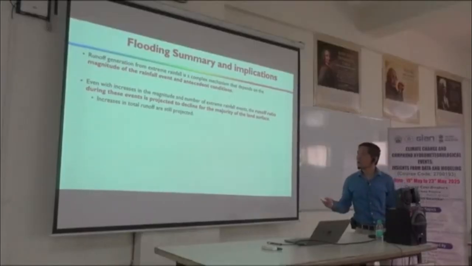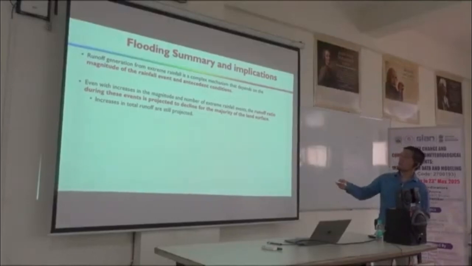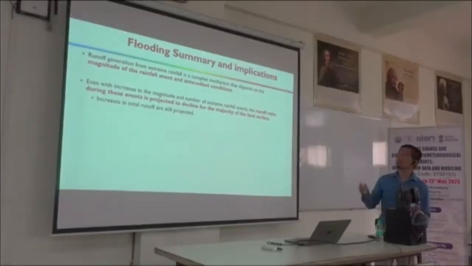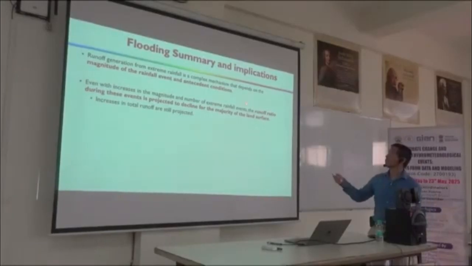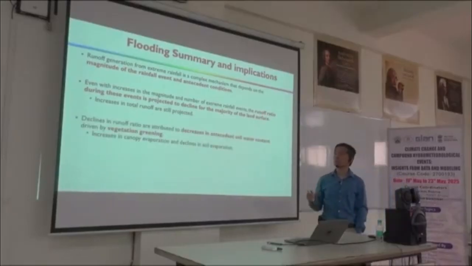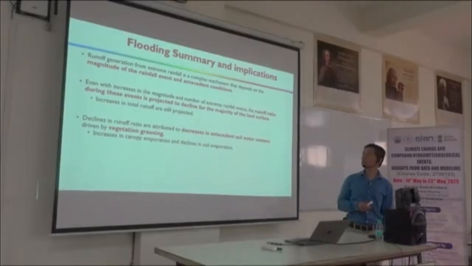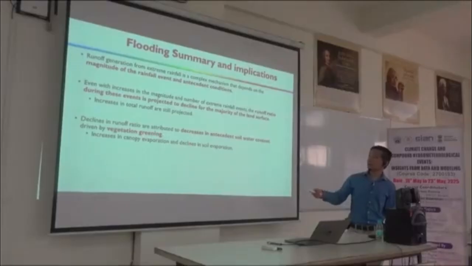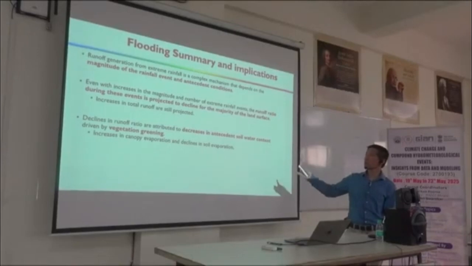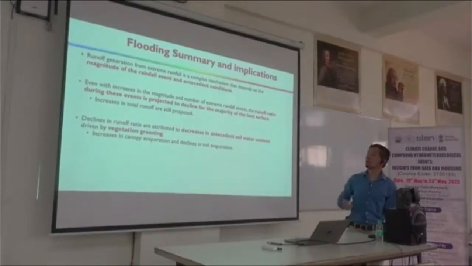We also talked about how, even with an increase in extreme rainfall in the future, the majority of places we saw actually have a reduction of runoff ratio. It's runoff ratio, not runoff, so remember that. The mechanism is vegetation: we have a vegetation gradient in the future, and that will decrease the soil water content, which will prevent flooding events after heavy rainfall.